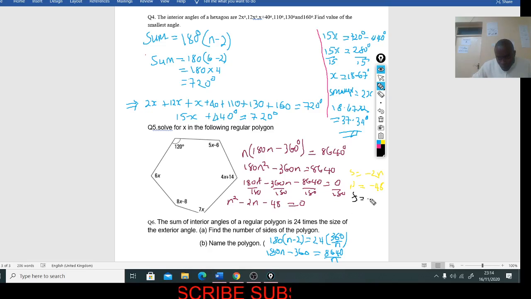So the factors are negative 8 and 6. So you substitute here: n squared minus 8n plus 6n minus 48, which is equal to 0.